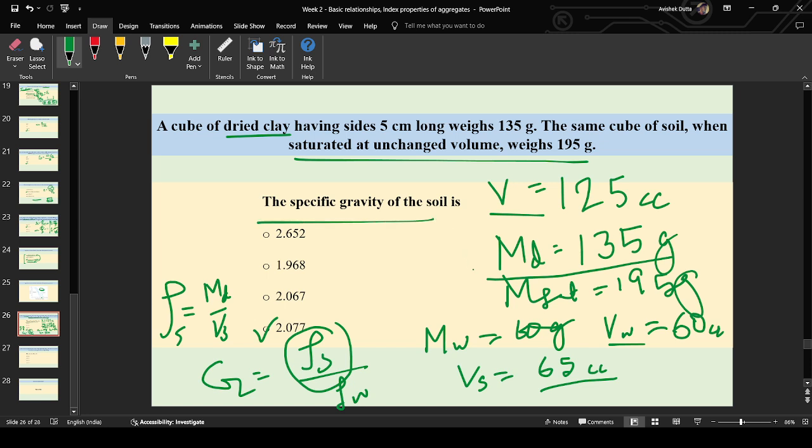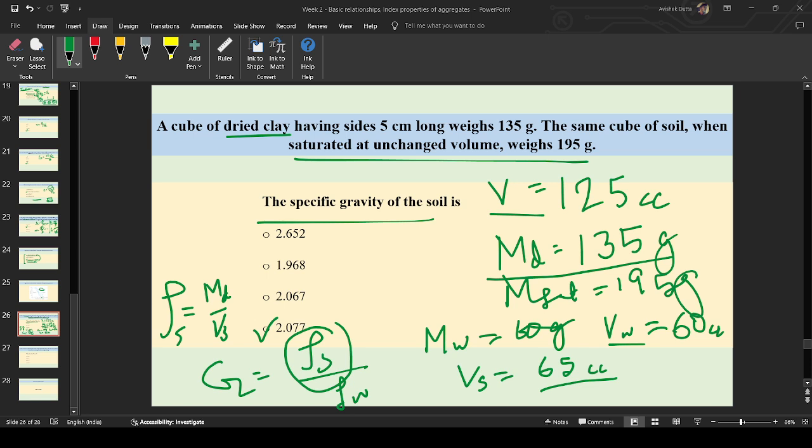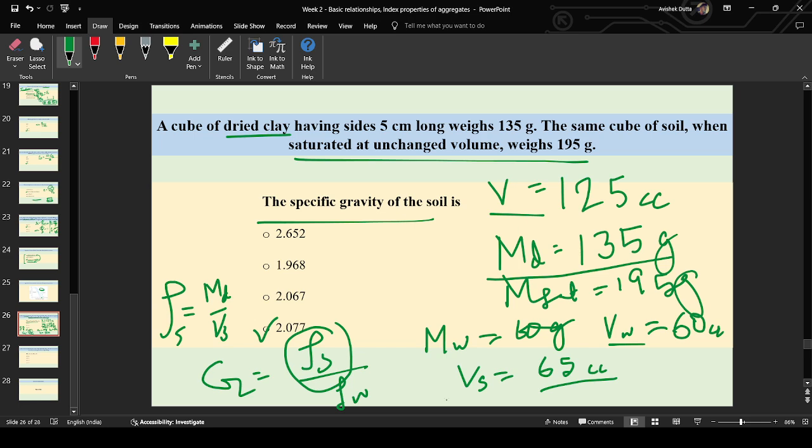Simple. Why, sir? Answers C and D have a very minute difference. Yeah, I tried to keep that because a minor change in the value, like a silly mistake, can give the wrong value. In competitive exams you might have seen that up to 3 decimal places is being asked.